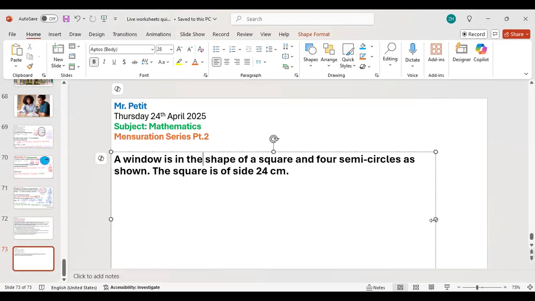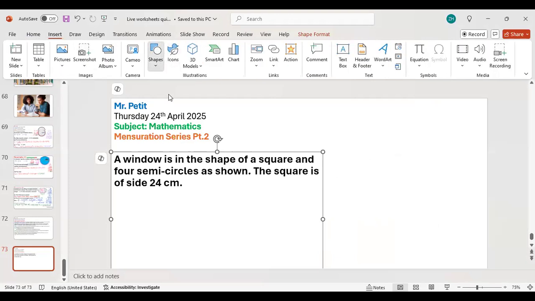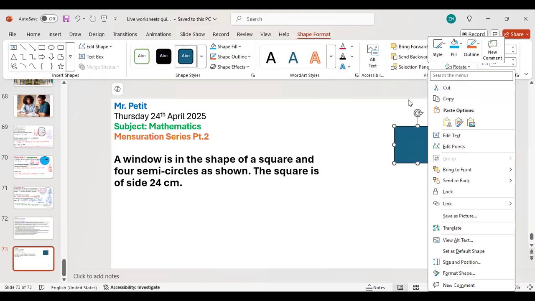So let's draw the window again. For our window, we're going to say that we have the square. Make sure to draw your square as well.